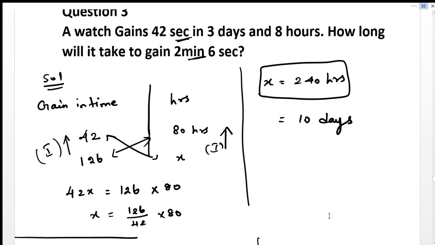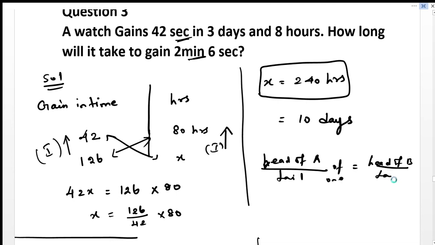The concept here is, remember that concept: head of the arrow by tail of one is equal to head of the other one by tail. So this method is very easy.